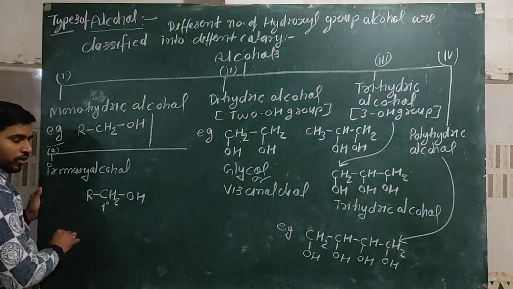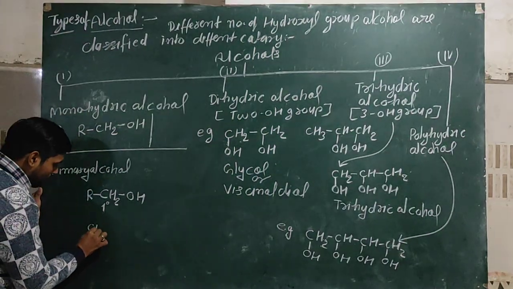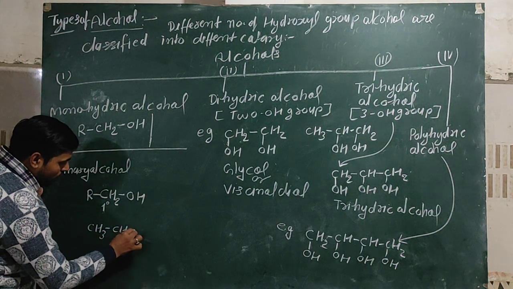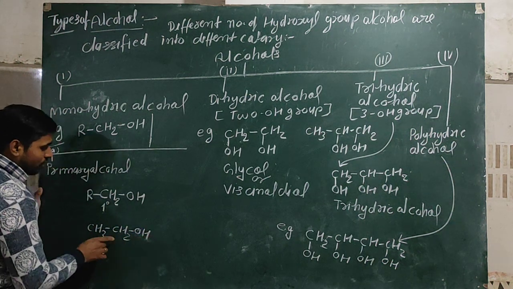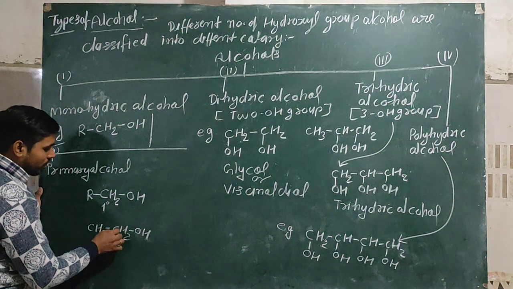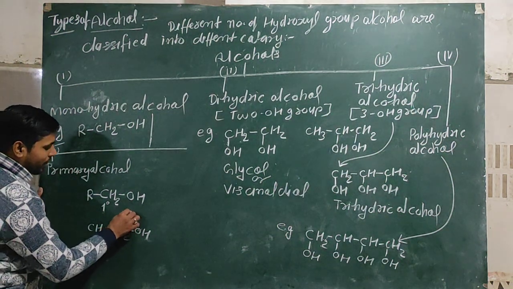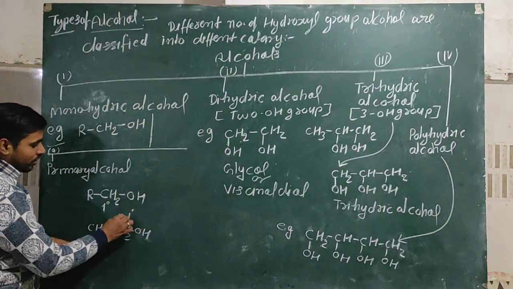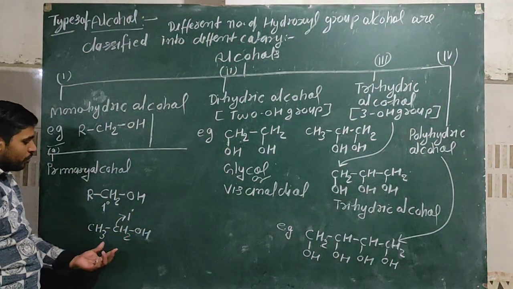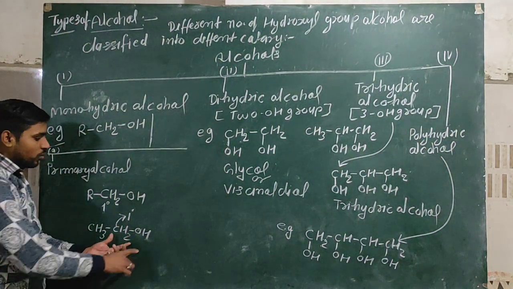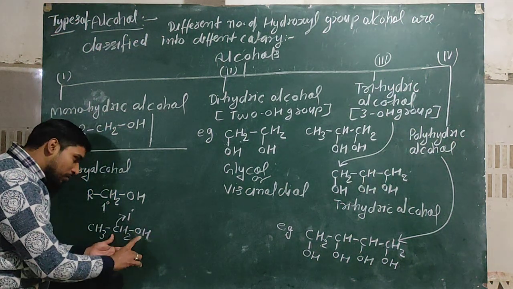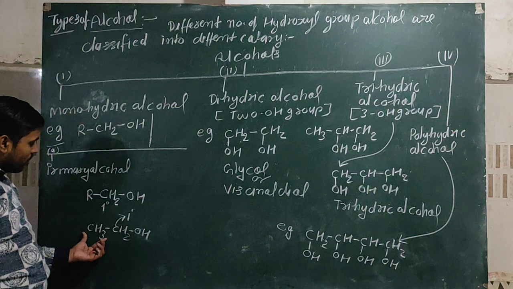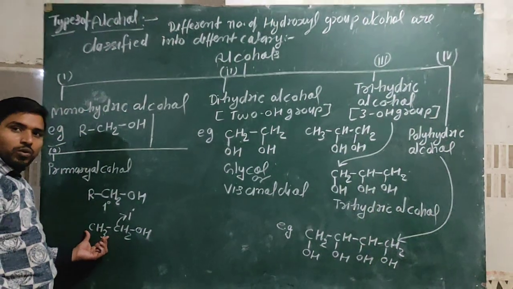Okay. For example, CH3CH2OH. In this situation, this carbon acts as a 1 degree carbon, and the 1 degree carbon contains one OH group, so it is known as monohydric alcohol, but this monohydric alcohol also has one alkyl group.